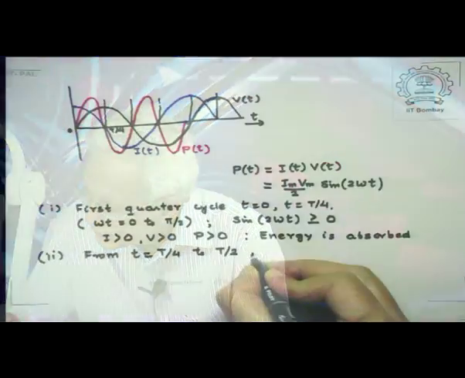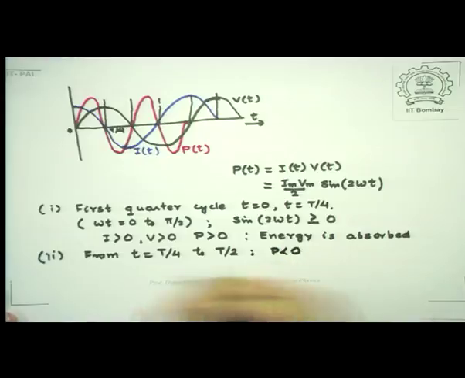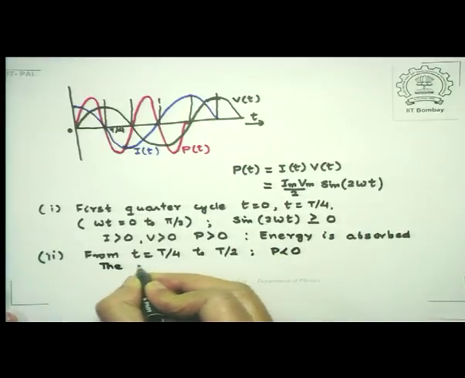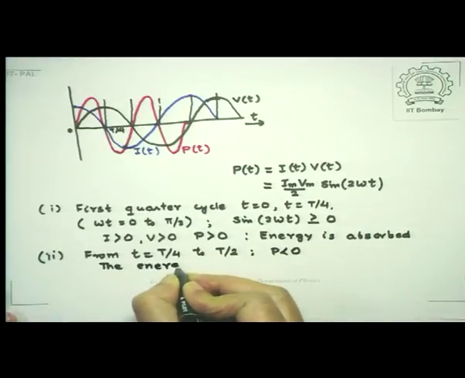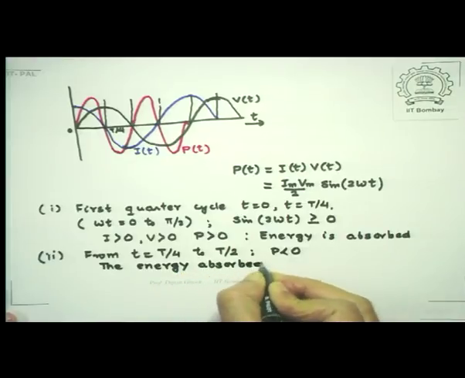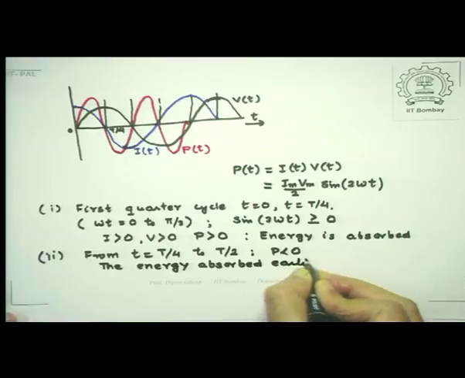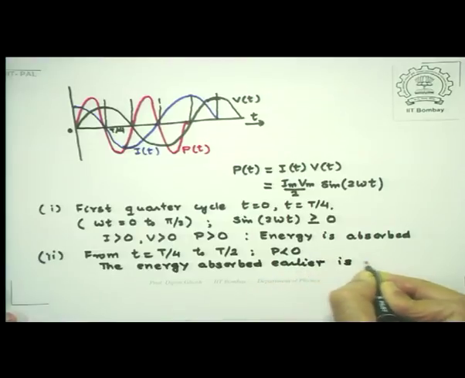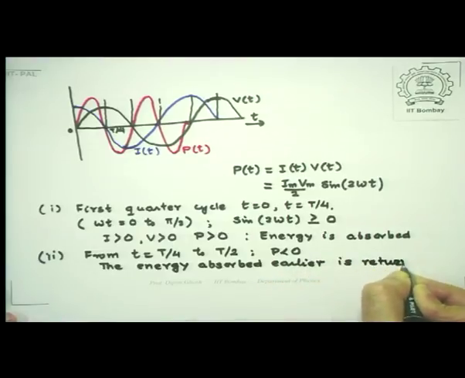And so here P is less than 0, the energy absorbed earlier is returned. And the same thing is repeated in the third and the fourth quarter cycle, namely in the third quarter cycle the energy is absorbed and in the fourth it is returned back again.